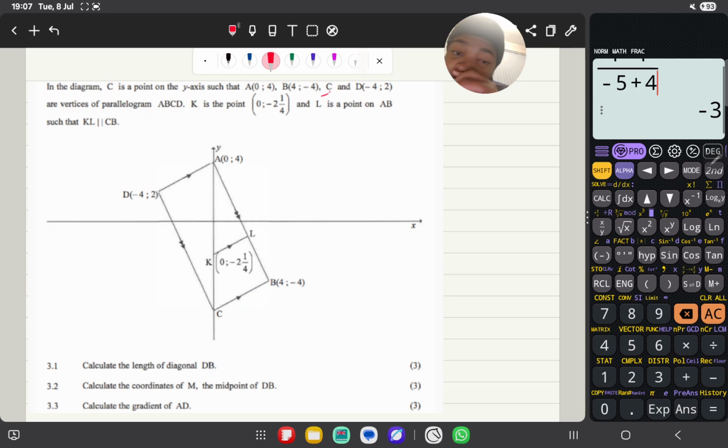Here is DB, so I'll just do it right here. The distance for DB is the square root of (YD minus YB) squared plus (XD minus XB) squared.